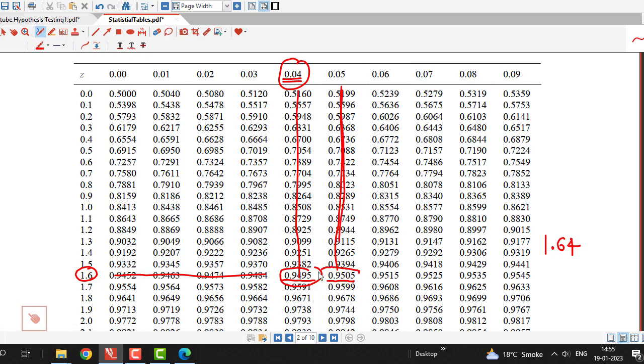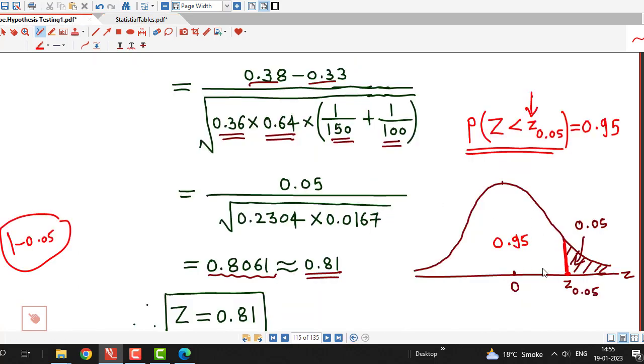For this value the value of Z is 1.6 plus 0.05, that is 1.65, and we have to take average of these two, that is nothing but 1.645. This is our Z critical value. So we use this as our critical value.